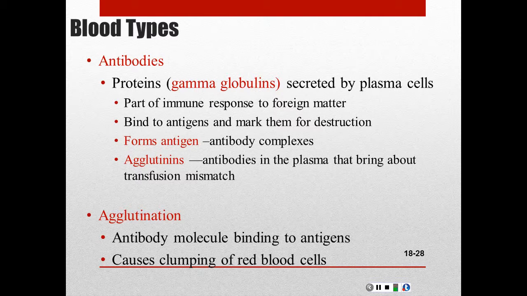Those are the ones that you'll find in the blood plasma. These react to agglutinate red blood cells in the event of a mismatched transfusion.